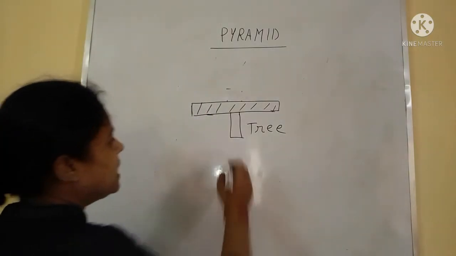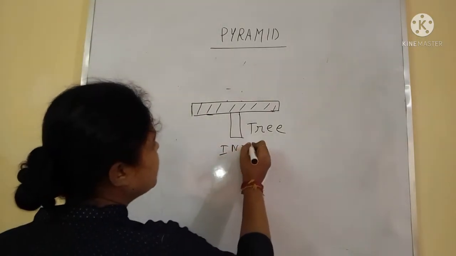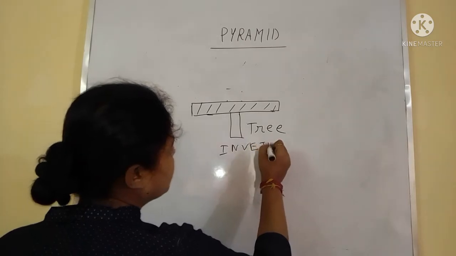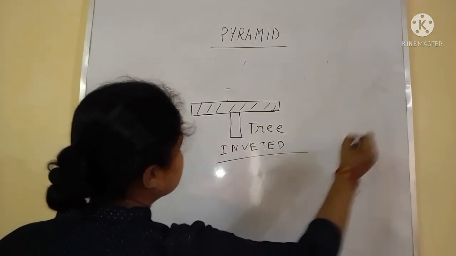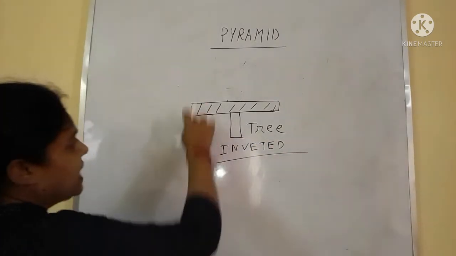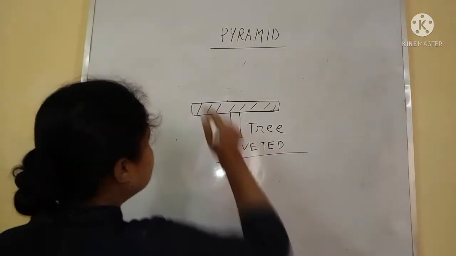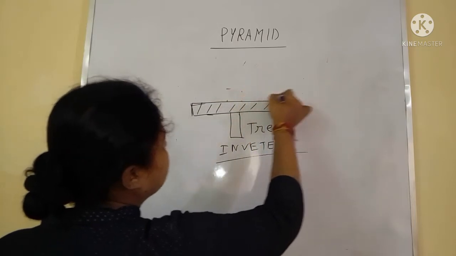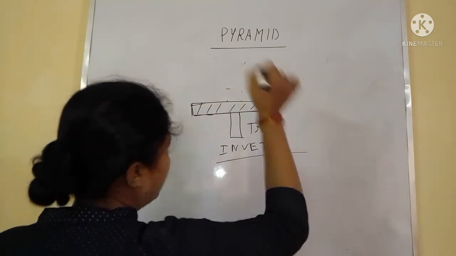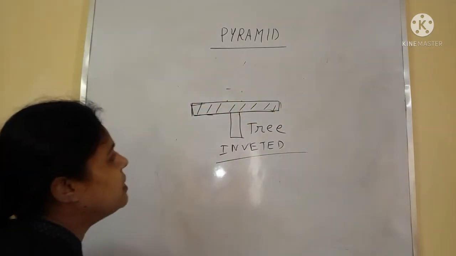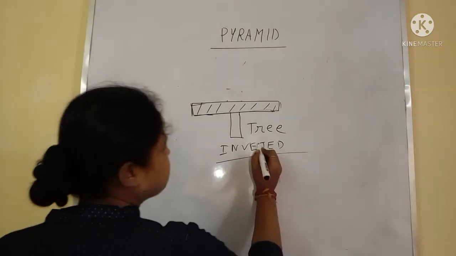So here the inverted pyramid is formed. There the base is very small or narrow and the tip is high. This is an example of an inverted pyramid.